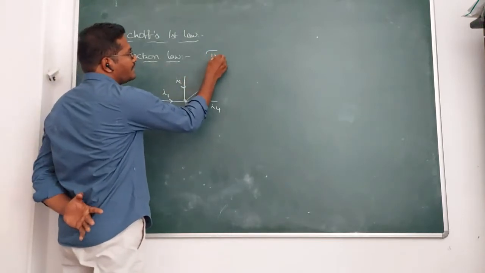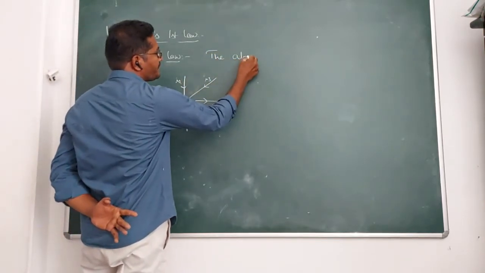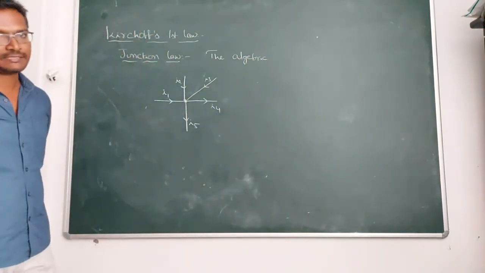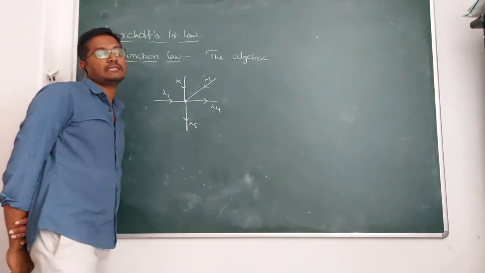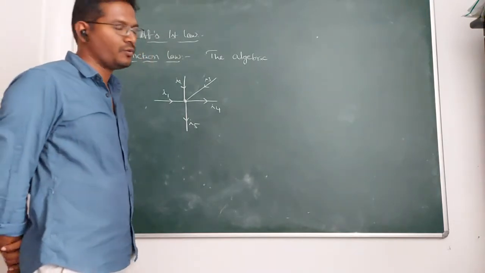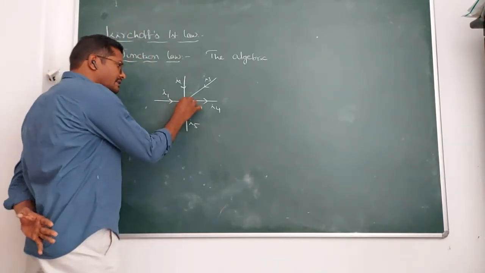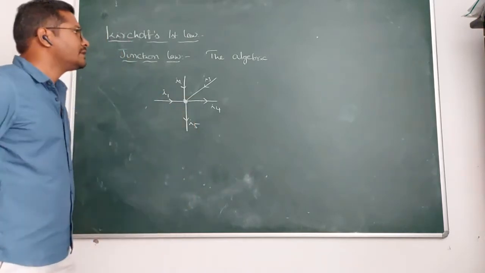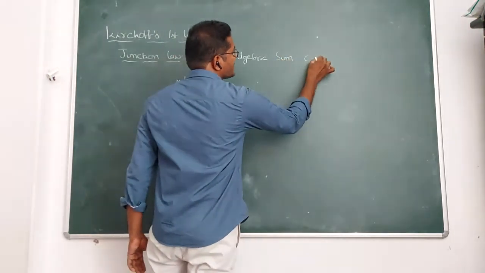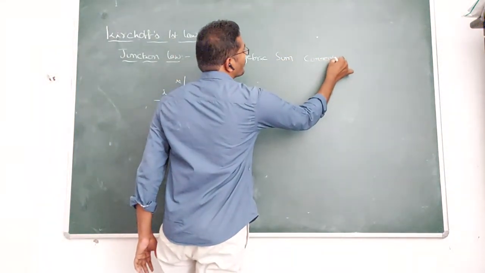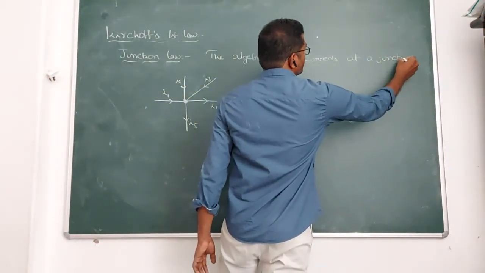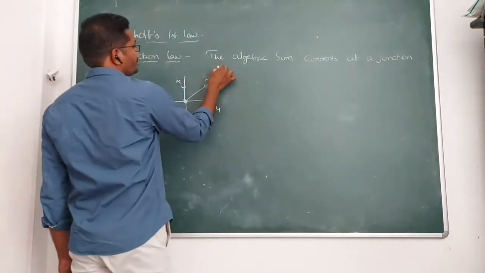The algebraic sum of currents at a junction is 0. Algebraic means you consider the plus and minus. Currents coming towards the junction are taken as positive, and currents leaving the junction are taken as negative.